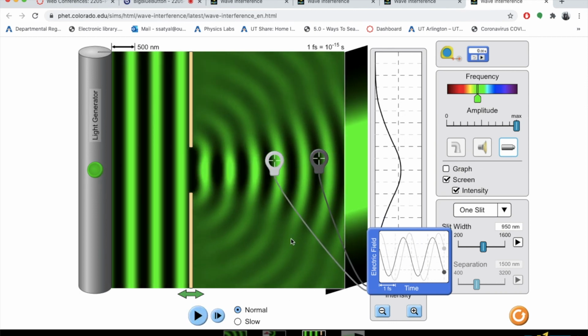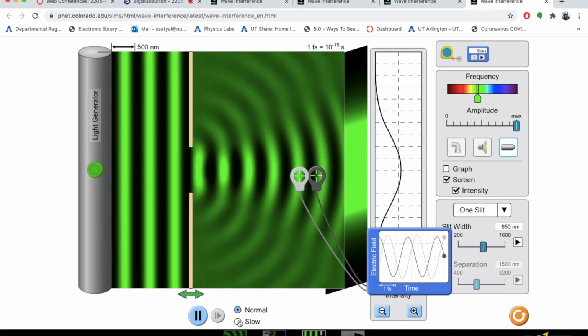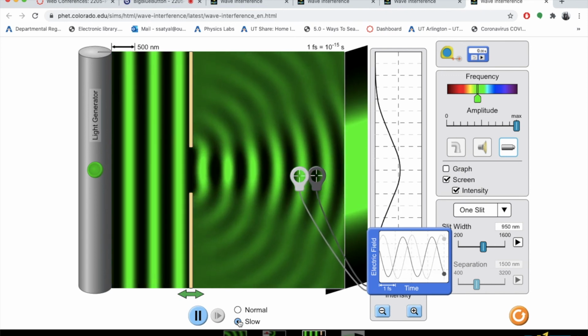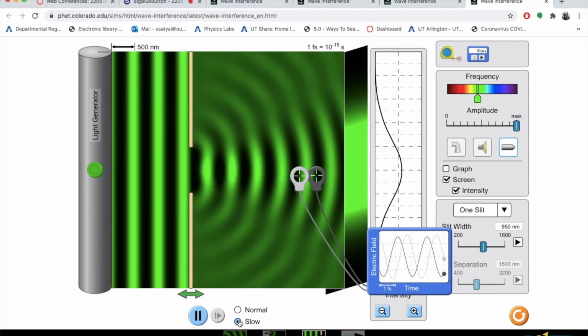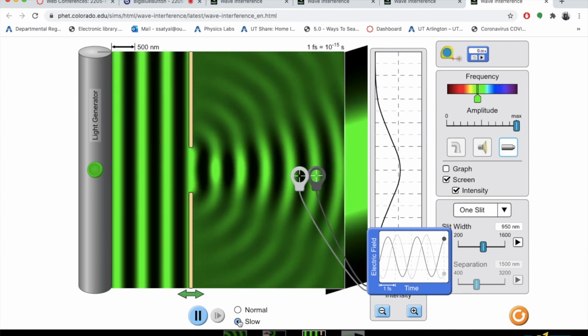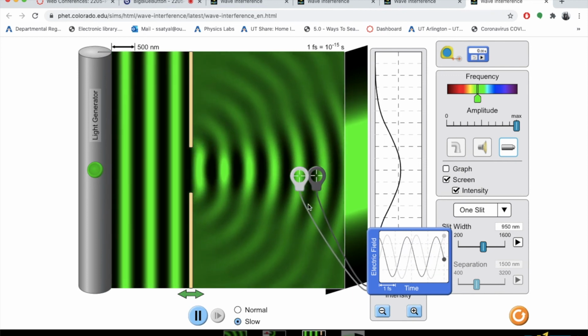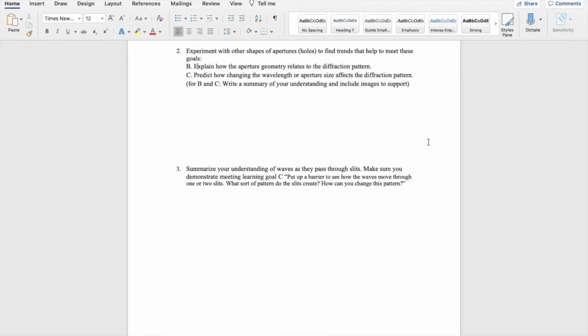Let me pause it here, and even in this zone, between dark and the gray zone here, slow down a little bit. You see they're just off by a few degrees, but not completely constructive or completely destructive, and that's what creates this gray area. Okay, with that I'll stop here and take questions.